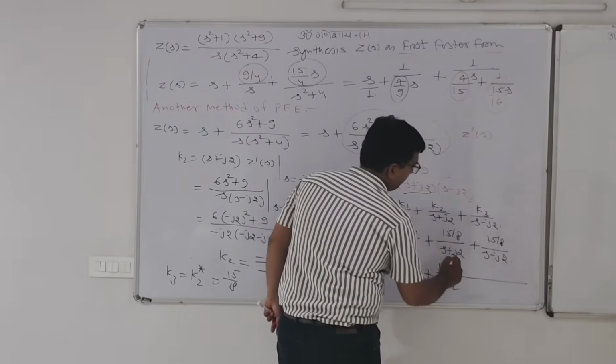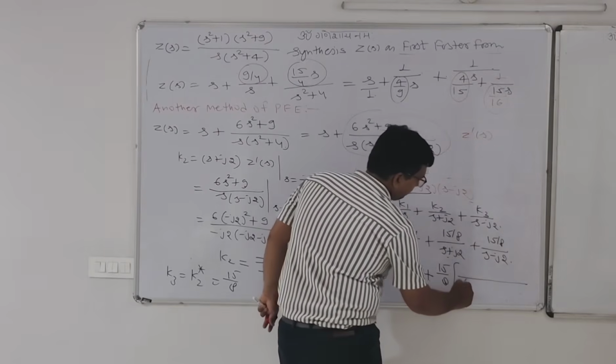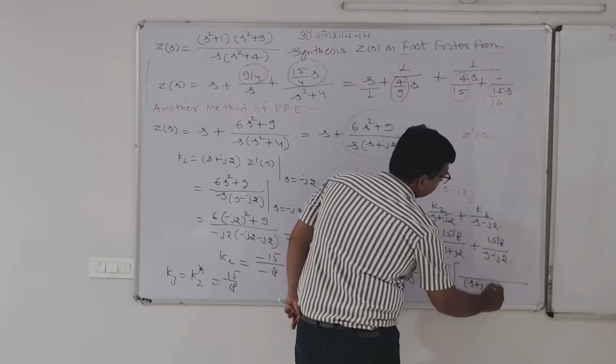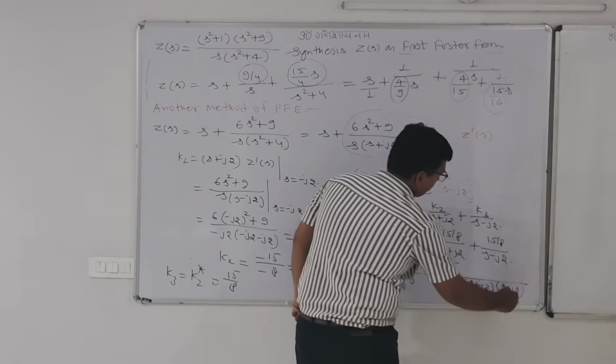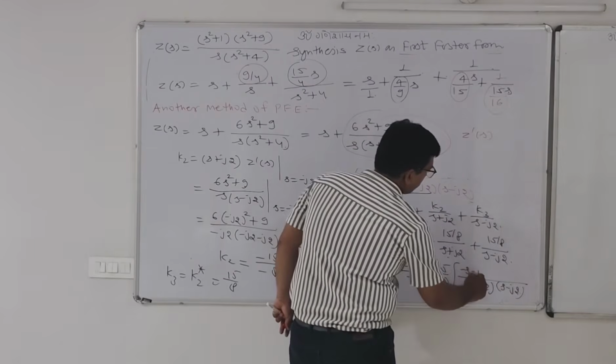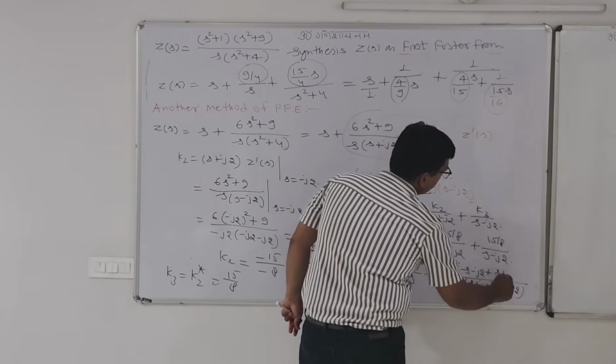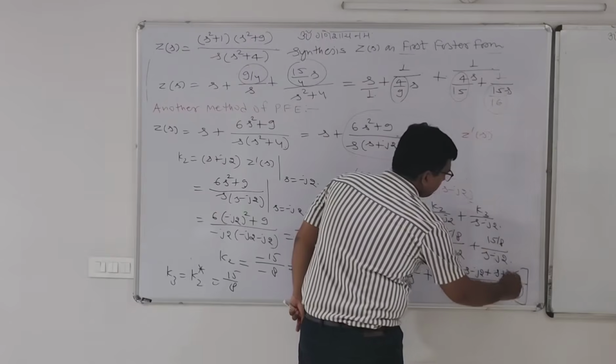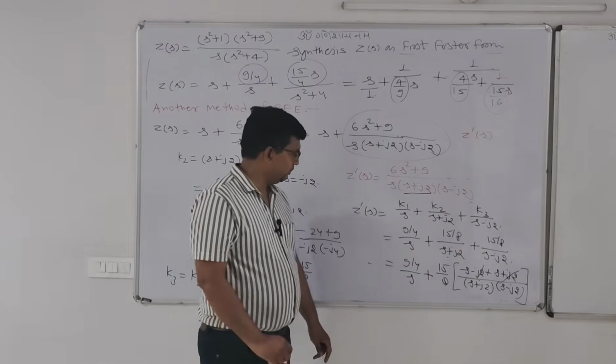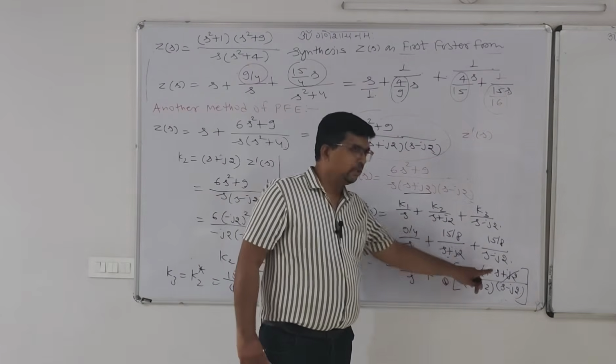Now for s plus j2 and s minus j2, we will take the LCM. What does the numerator become? S minus j2 plus s plus j2. The j2 and j2 cancel out, and this becomes 2s.